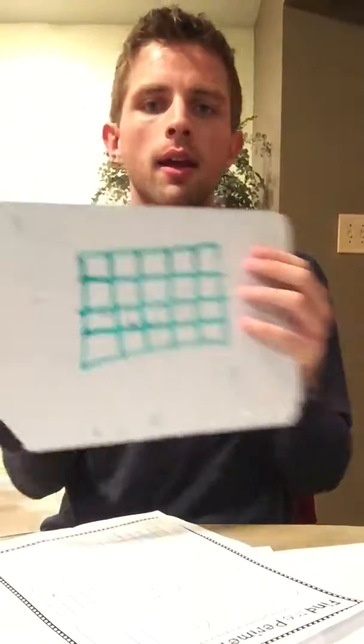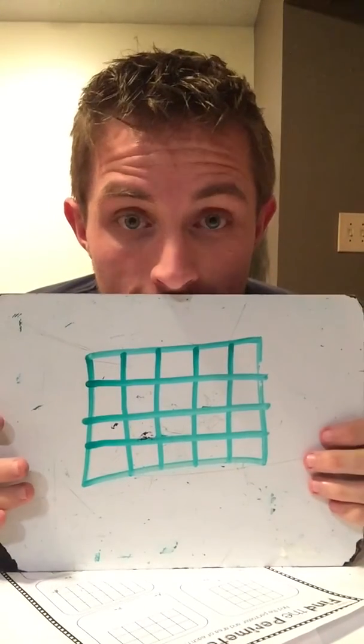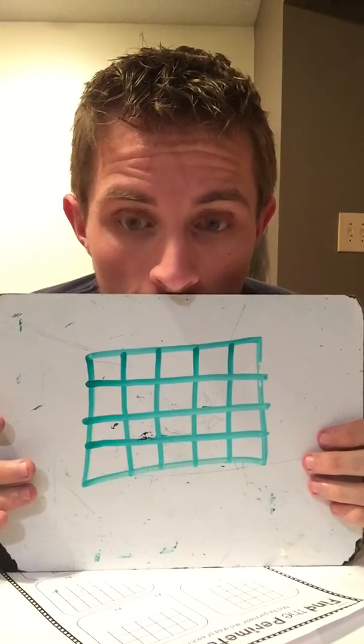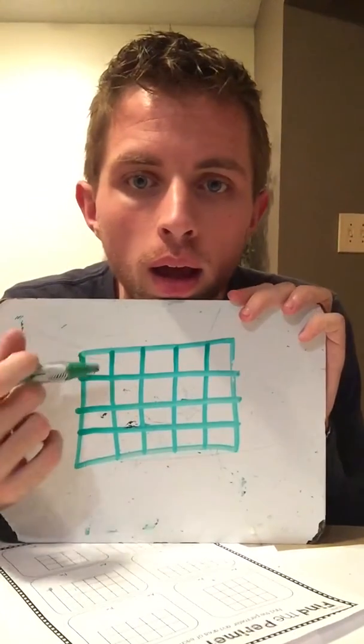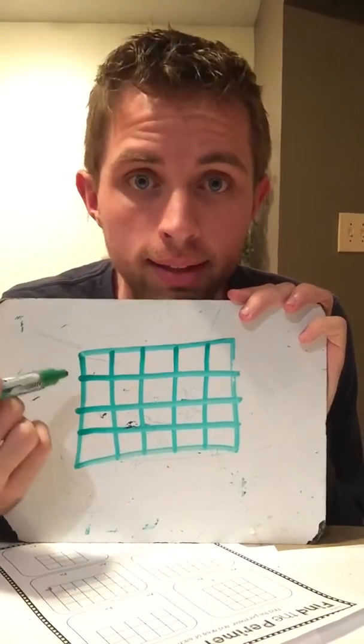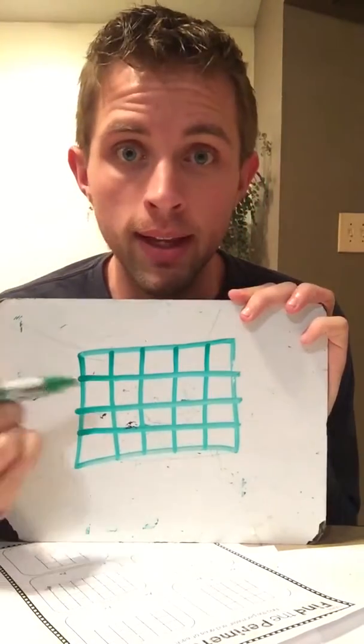Okay. Say we have this rectangle with these tiles inside, right? Are you with me so far? Okay. So area is on the inside, so we count the tiles on the inside.